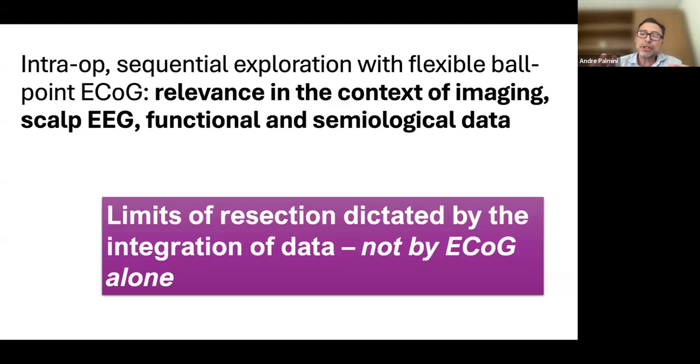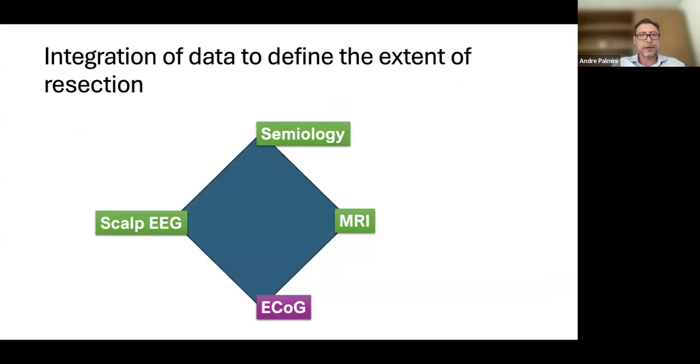So in the end, the ECOG gives you part of the answer, but you are not going to be restricted by ECOG if you have, for instance, clear-cut ideas. I will finish with a case like that, perhaps the area involved will be a little bit more extensive than what the ECOG shows. And then you incorporate that from your knowledge of functional anatomy of the brain, semiology, and scalp EEG, okay?